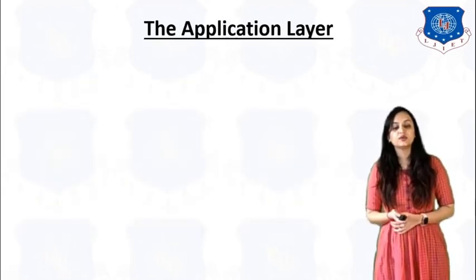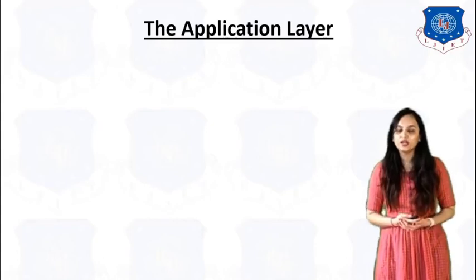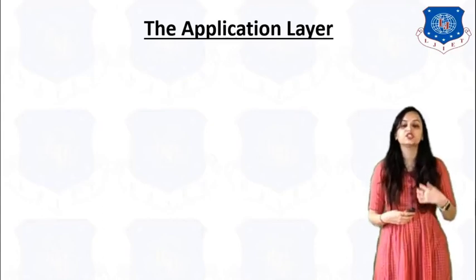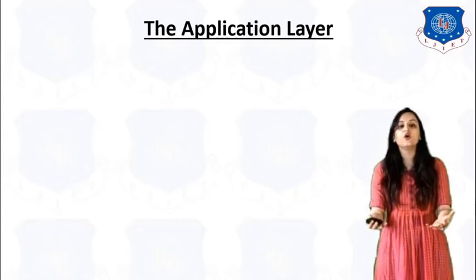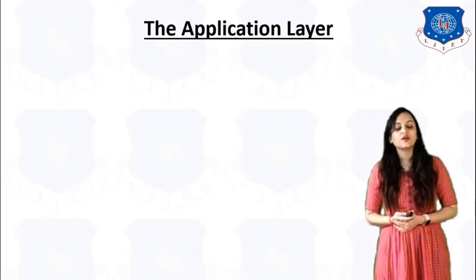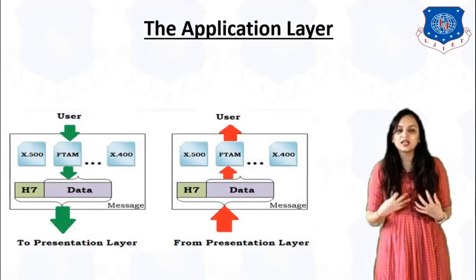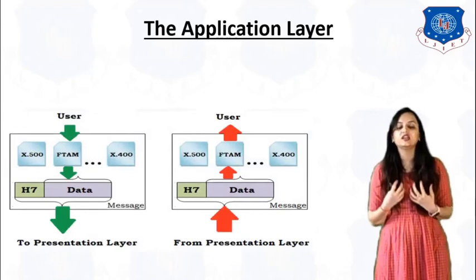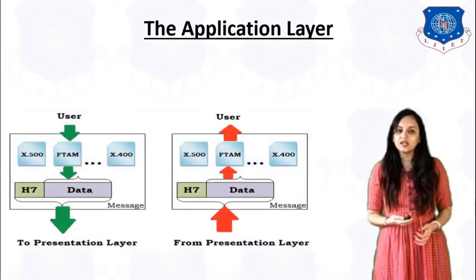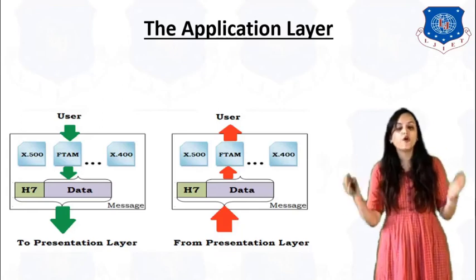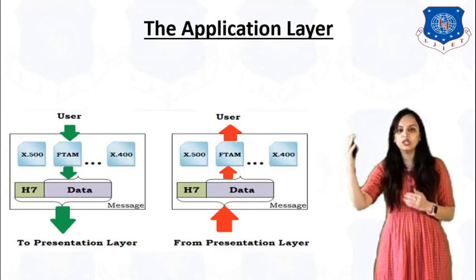Now, the last one is the application layer, which is very important, where you enter your passwords, your login IDs, and how your website looks to you. That is called the application layer. In the application layer, the user can directly see how your interface looks. It takes the data from the presentation layer, formats it, and gives it to the user.